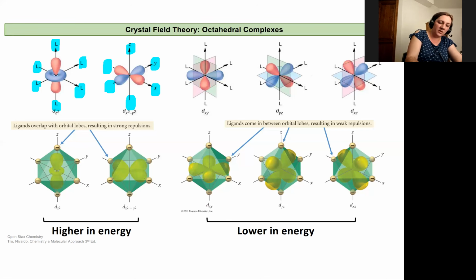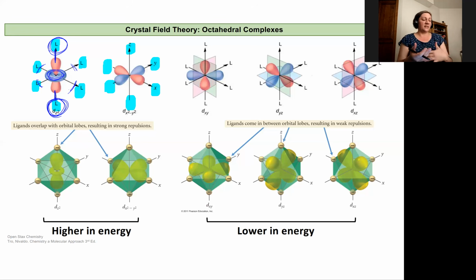And so here's my ligand, and on my dx squared or my dz squared, in the axial position, it's lining up perfectly with the lobe of that d orbital, which is right along that same axis. And then the electron density in the ring around that, well, that's hitting all 4 of the ones in the equatorial plane. And so the dz squared orbital is lining up perfectly with these ligands.